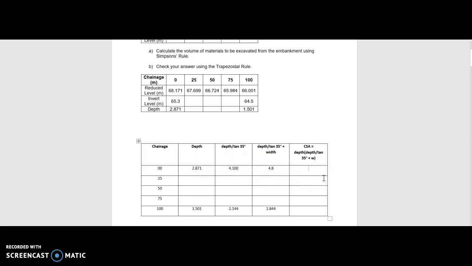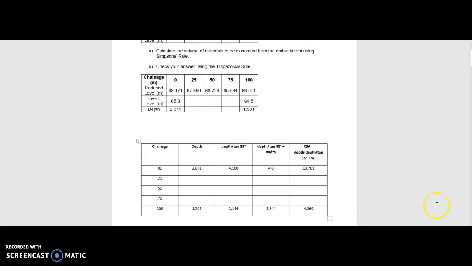So 2.871 times 4.8 gives us a cross-sectional area of 13.78, rounded up. And again, you'll do that right down the table to your final cross-sectional area of 2.844 multiplied by 1.501, and you'll get 4.26.